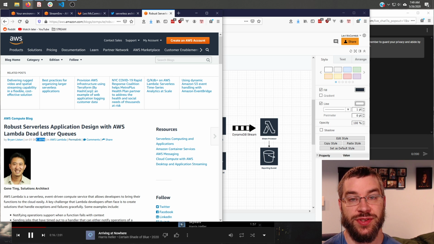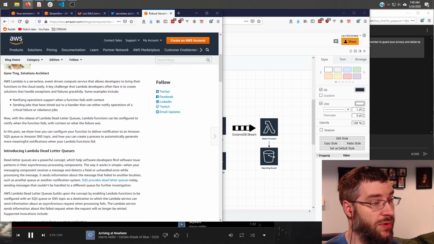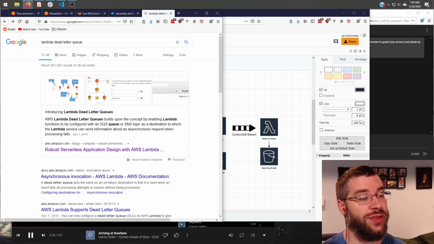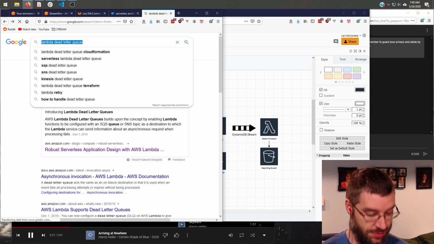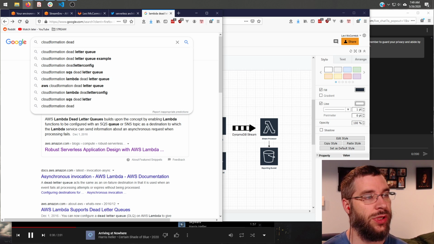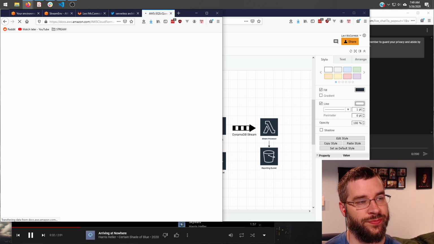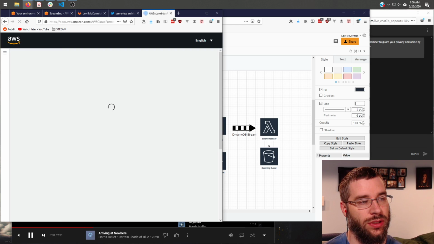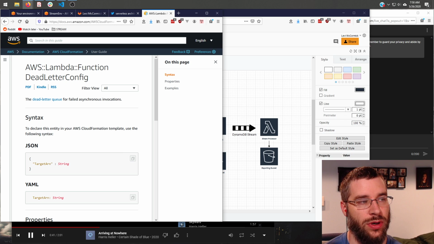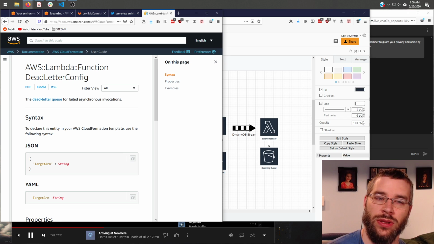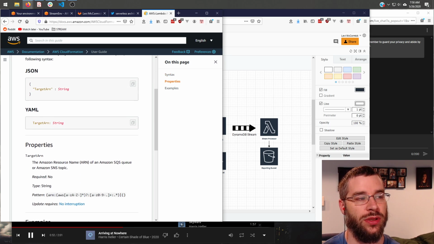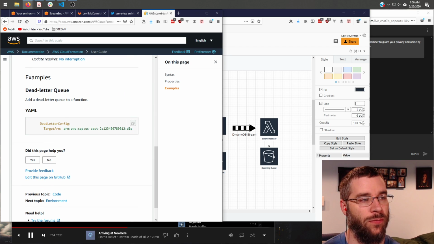See, 2016. These things are really new. Usually what I like to do is look at the CloudFormation for the properties or how to configure a given resource, and that generally tells me what I need to do.